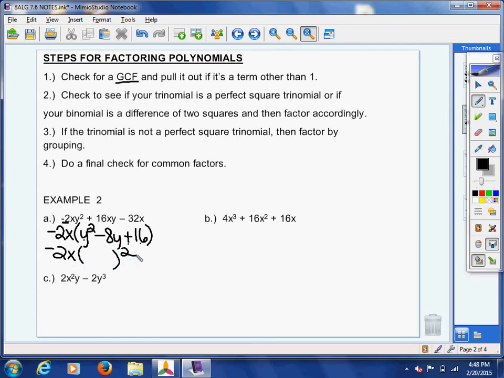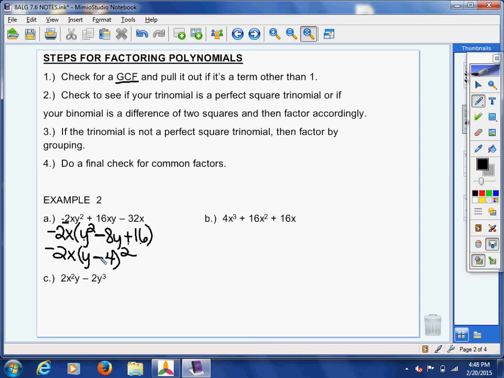It's a binomial that you're squaring. So we're going to take y squared, and y times itself is y squared, so we're going to put y in the first position. What number squared is 16? 4. Then the sign in the middle in front of the 8y is minus, so I'm going to put a minus sign here. Now, probably off to the side, you're going to want to just double check that.